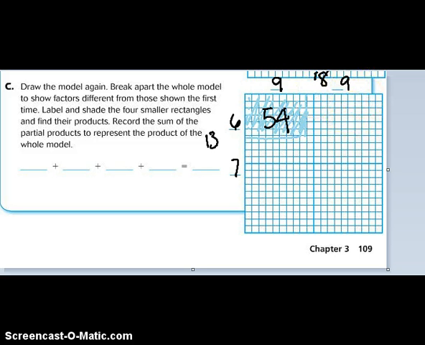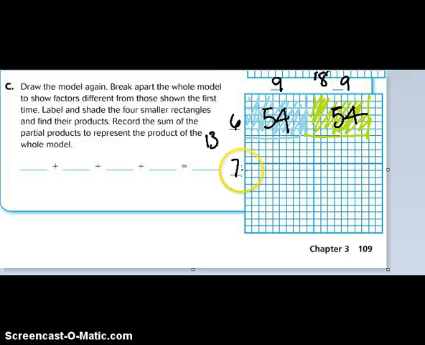Let's do 6 times 9. We're going to do that one in green. So here we have 9, and our 6 is on the same line. 6 times 9 is also 54.